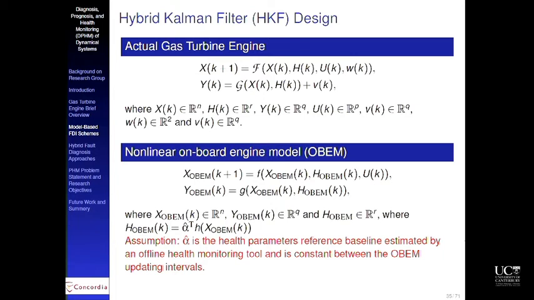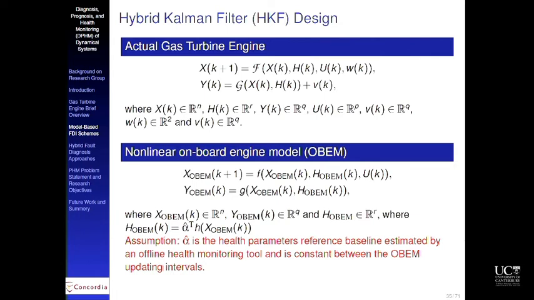But we are not going to use these nonlinear functions f and g in our design. Instead, what we are going to do is we come up with another nonlinear function f and g here. So this shows the mismatch, or the uncertainties and the simplification that you can do from the actual engine to a nonlinear mathematical model that you have.